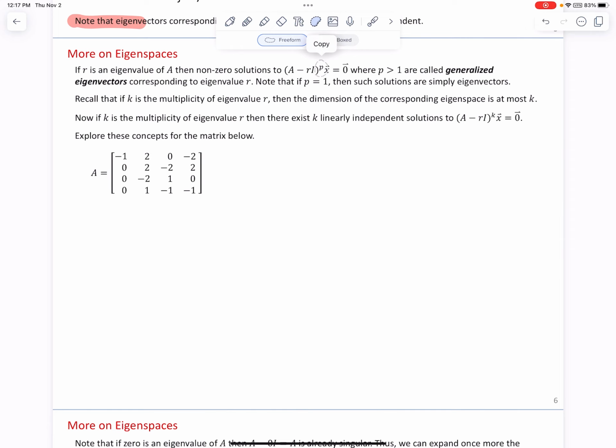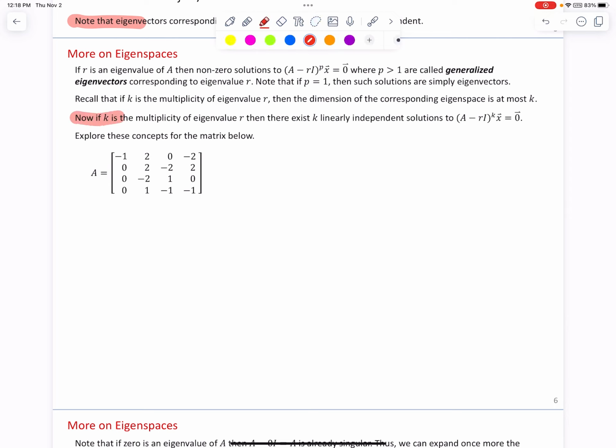But if you square or cube or raise to the 4th this coefficient matrix and then solve the system, you will find non-zero solutions that are called generalized eigenvectors. Now recall that if k is the multiplicity of an eigenvalue r, then the dimension of the corresponding eigenspace is at most k.